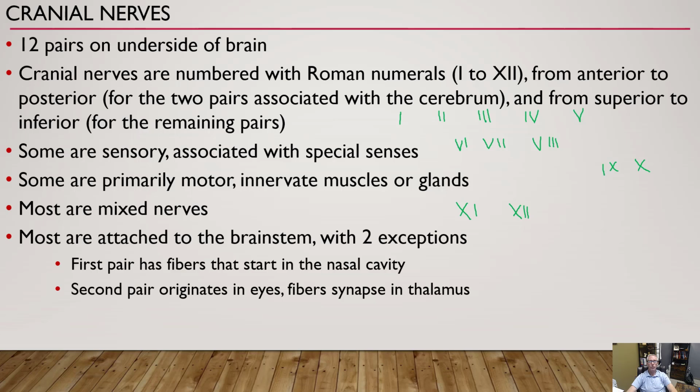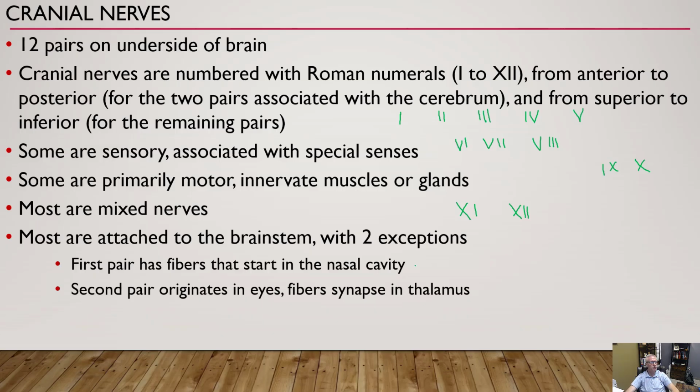With cranial nerves, some are sensory only, like there's no motor component to your sense of smell. Some are motor only, and we say primarily motor because it's 90% motor, 10% sensory, but we're going to say motor only. And some are going to be mixed nerves. Actually, most are going to be mixed nerves.